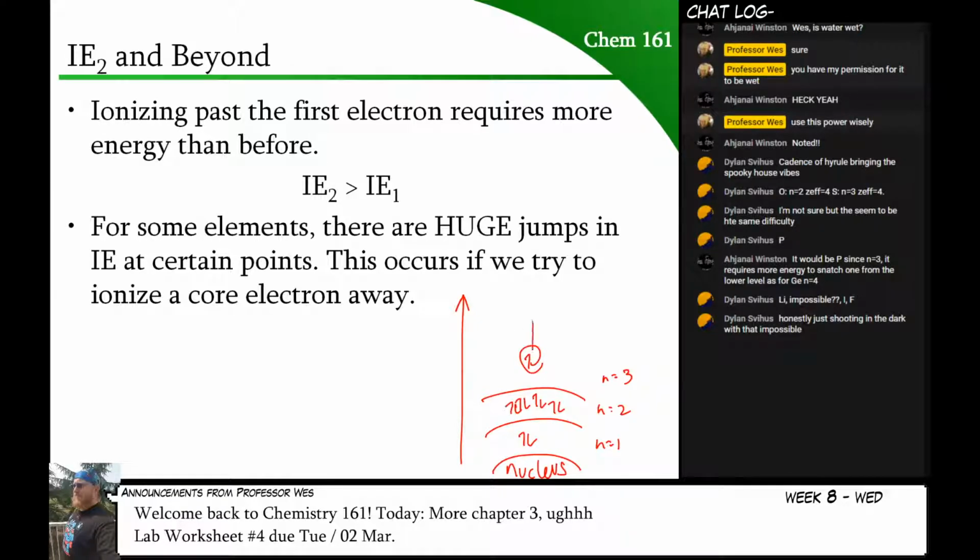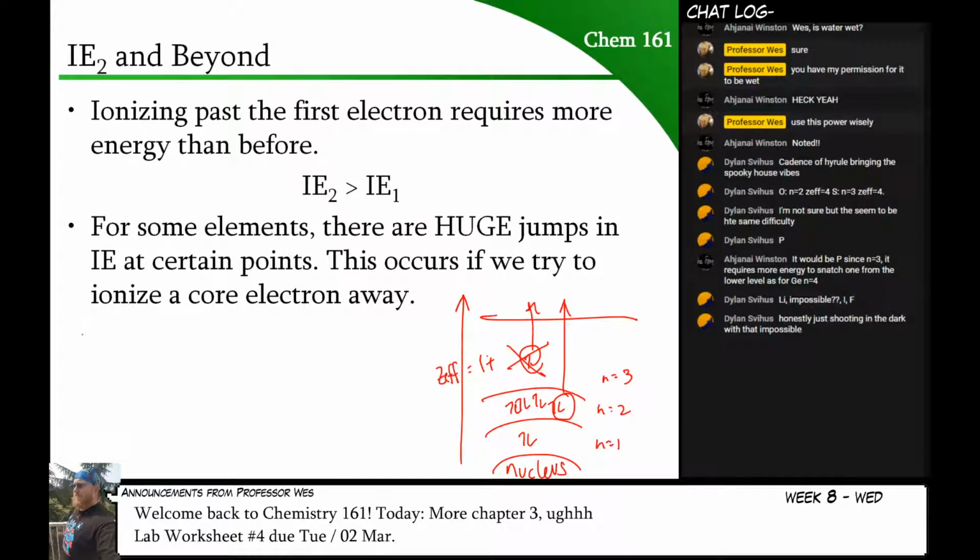I'm going to ionize this one. So it's gone. And then I'm going to try and ionize this one. How much more difficult will that be? Well, not only am I going down to the next level, which means I'm going much closer to the nucleus, I'm also fighting a much higher Z effective. So Z effective up here at the top would have been 1+. This is sodium, by the way.